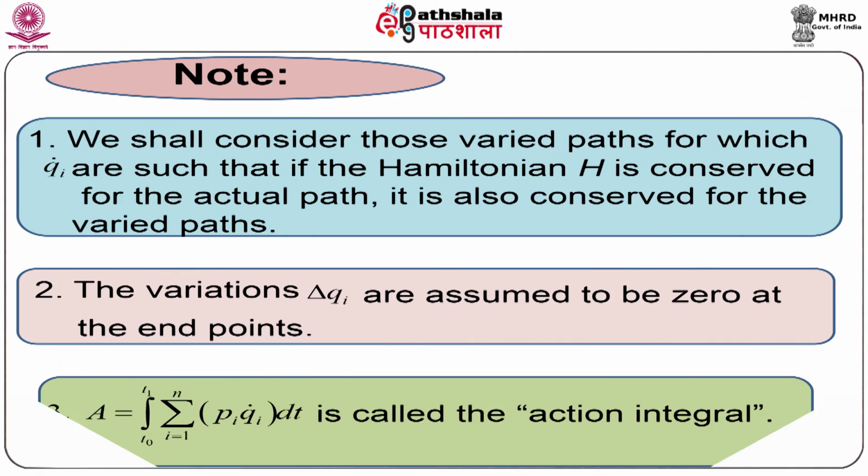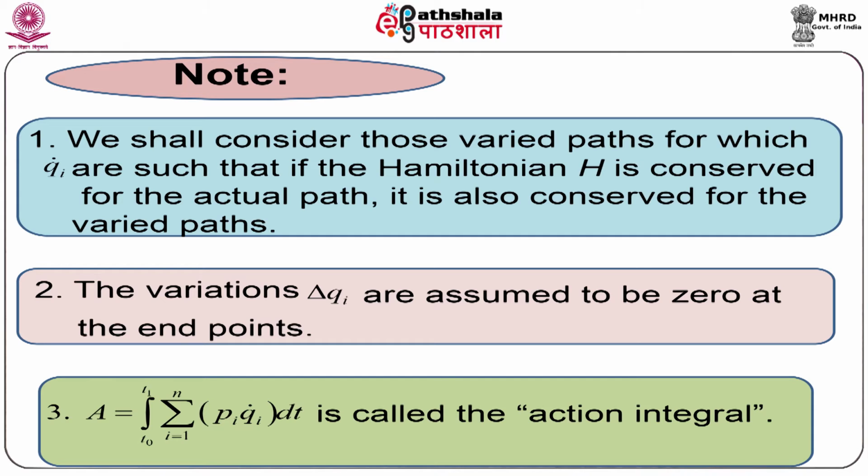Note, we shall consider those varied paths for which generalized velocity qi dot are such that if the Hamiltonian capital H is conserved for the actual path, it is also conserved for the varied paths. Number 2, the variation delta qi are assumed to be 0 at the endpoints.